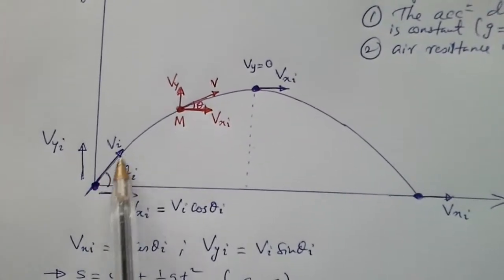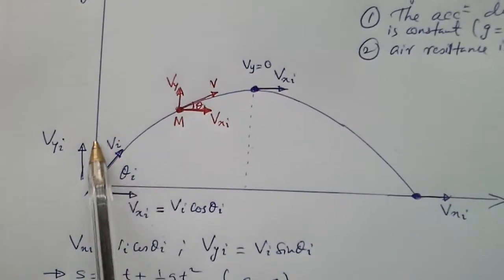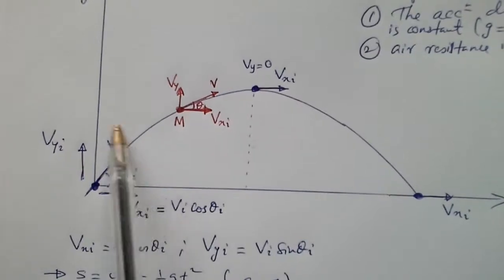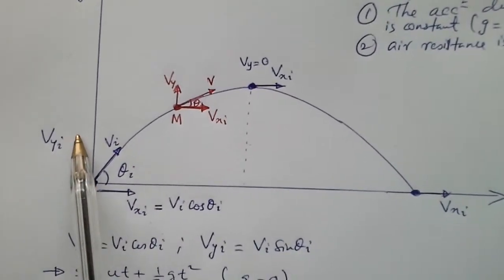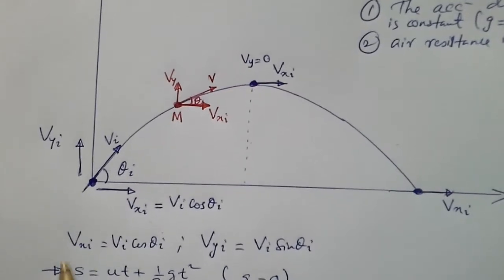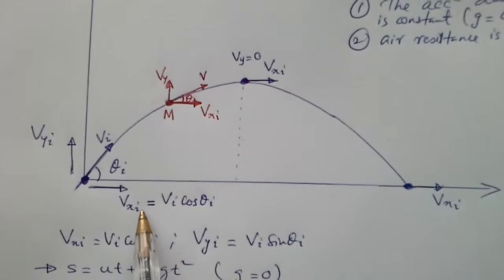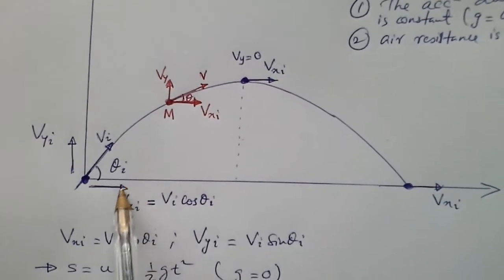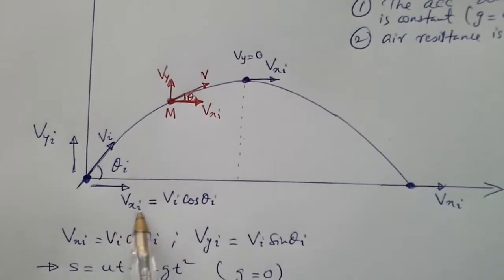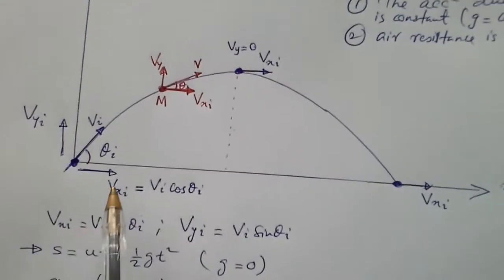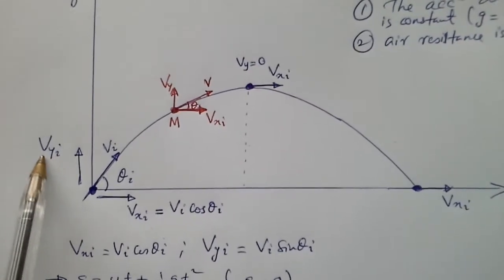If I throw a ball with a velocity vi, I can divide this velocity into two components, one in the horizontal and the other in the vertical direction. The horizontal component I will call vxi, in the x direction, and in the vertical direction we have vyi.